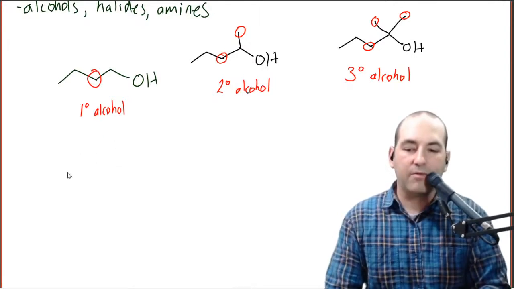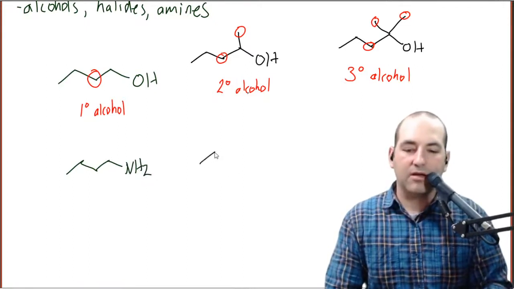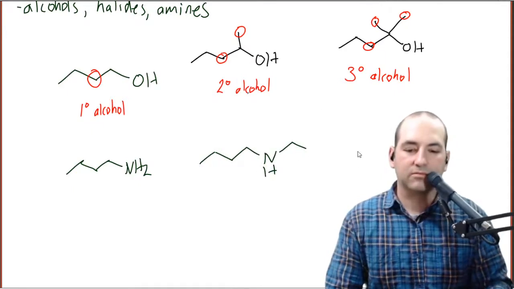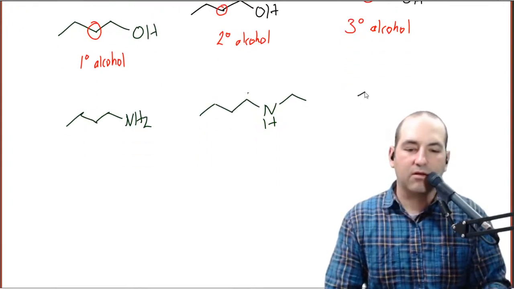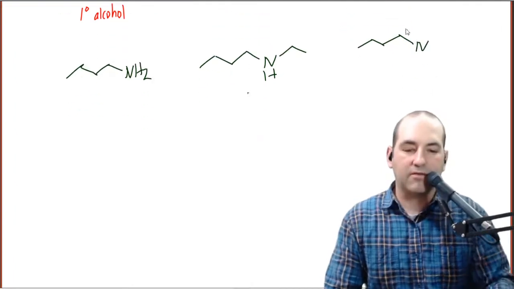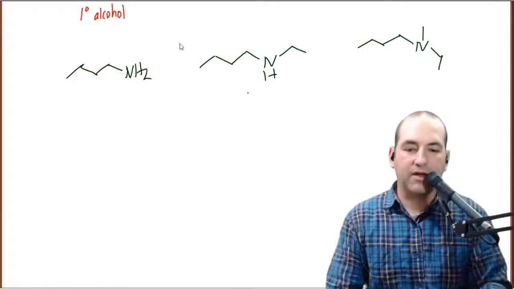So a primary amine looks a lot like a primary alcohol. But a secondary amine means that you actually have more carbons on the nitrogen itself. And then a tertiary amine, same thing. There's more on the nitrogen itself. Like that.